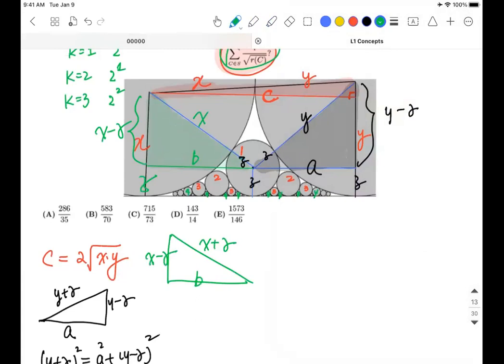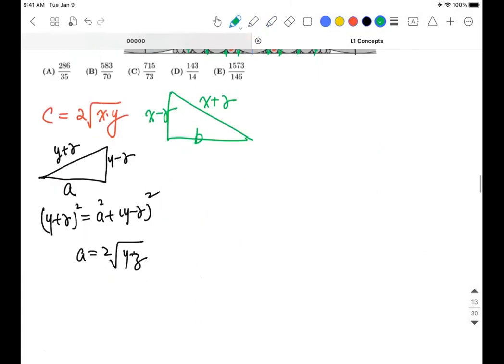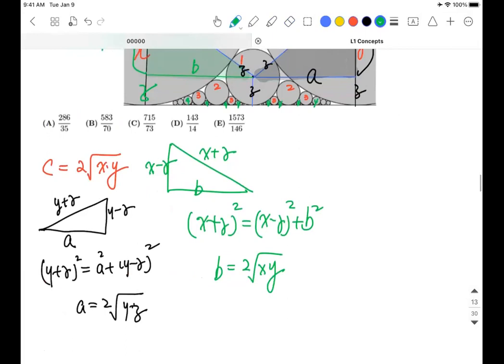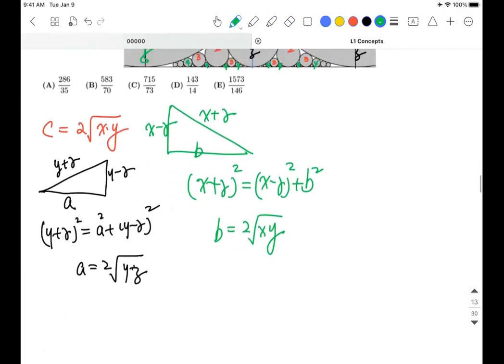Same thing for the left, same thing for the right. You're going to have x plus z perfect square, x minus z perfect square, b square. So b equals 2 root xz, excuse me. Is that right? Very understandable.